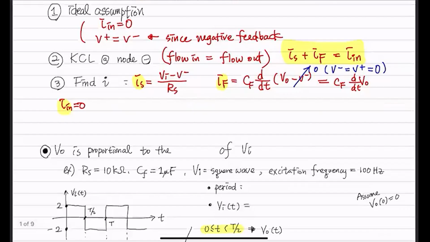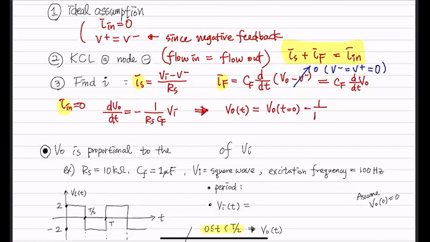And if we do a little bit of math, it's dV out/dt equals negative 1 over Rs Cf times Vi. And if we write this with respect to the output, then V out of t equals negative 1 over RS CF, integral of Vin of t dt.